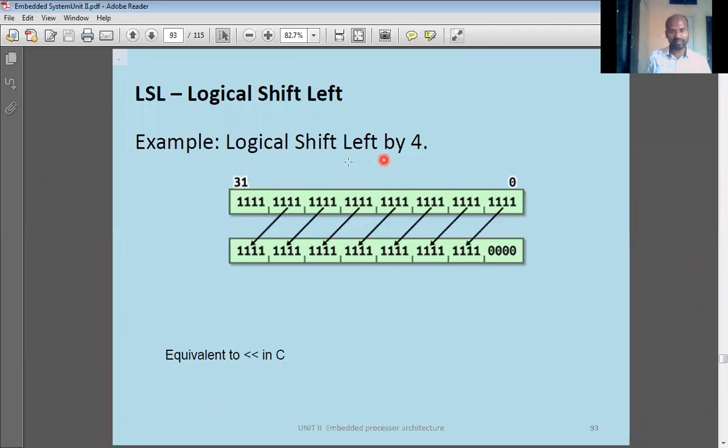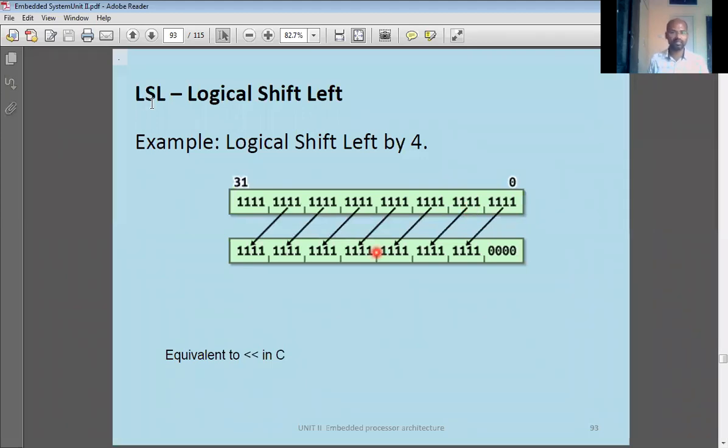If you are shifting it by 5, then you will get 5 zeros at the beginning, and all these bits, whatever the bits, either zeros or ones, come in the same order. These 4 bits will come down here. The first 4 bits will occupy these positions. These 4 bits will occupy these positions. So the barrel shifter takes this data and modifies it like this.